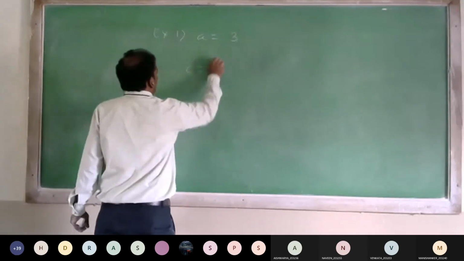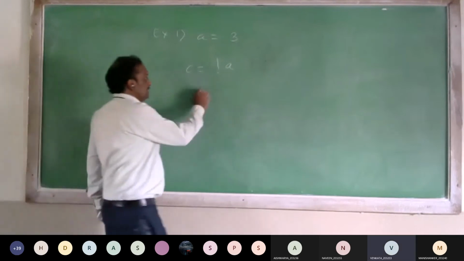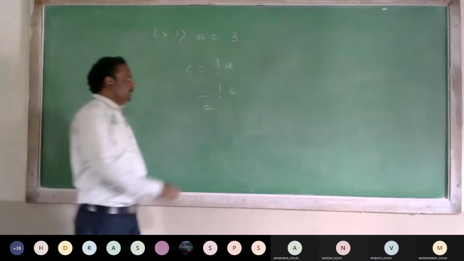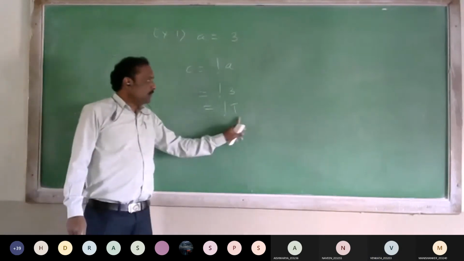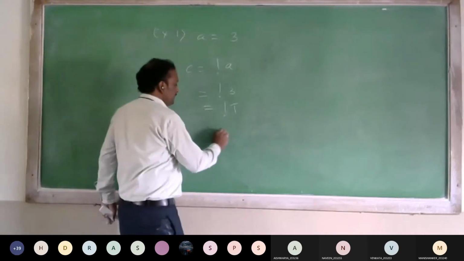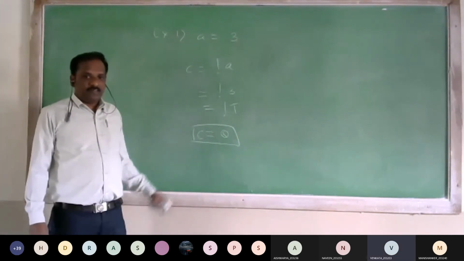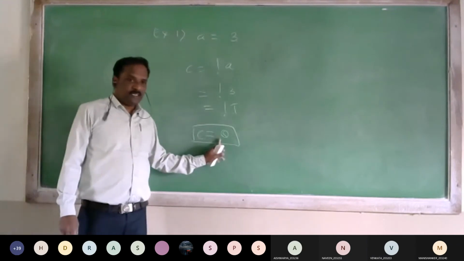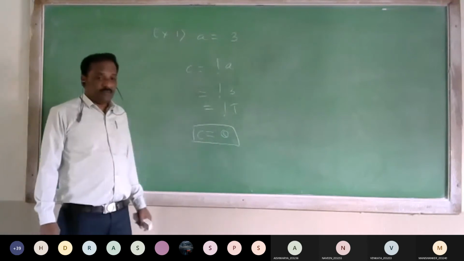Now, C is equal to not A. So, not 3. What is 3? 3 means true. Not true means false. What is the false value? False value is 0. C is equal to 0. If you have any doubts, you can chat the message.